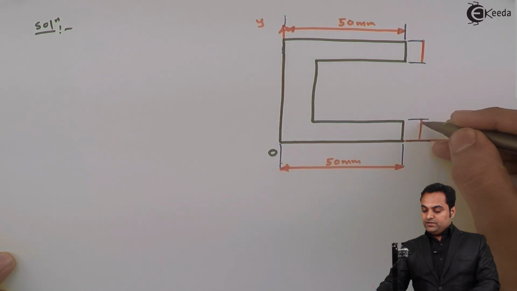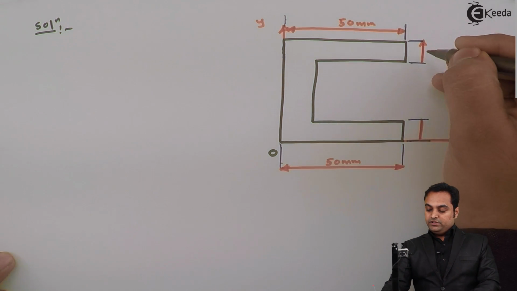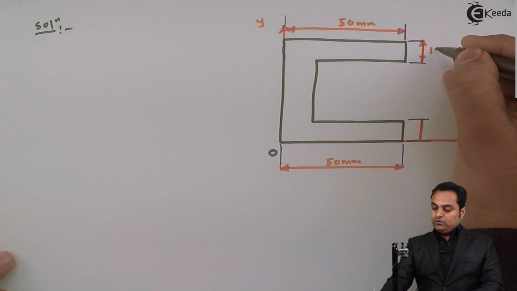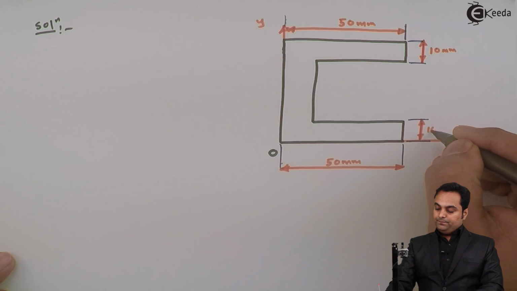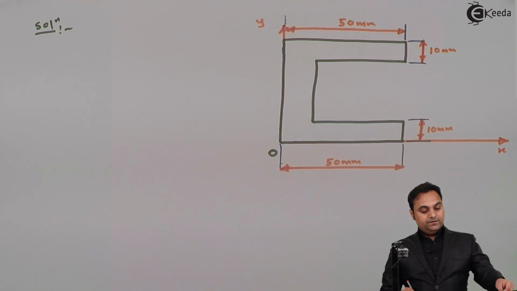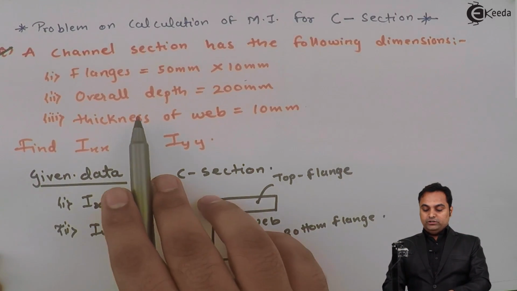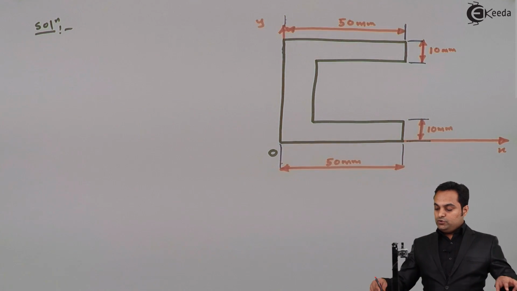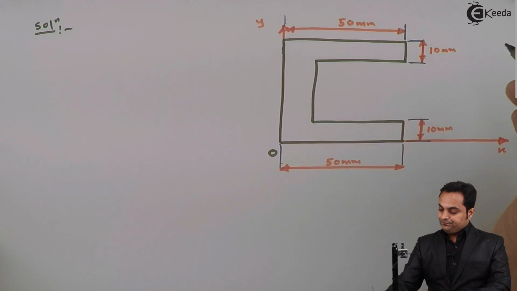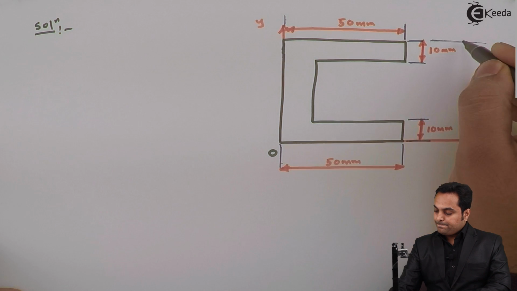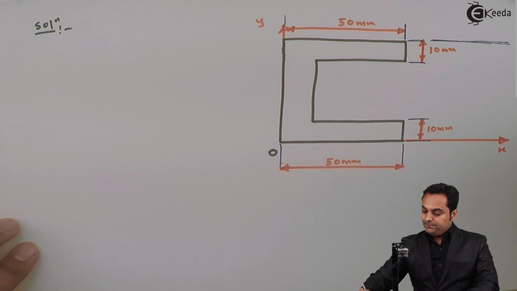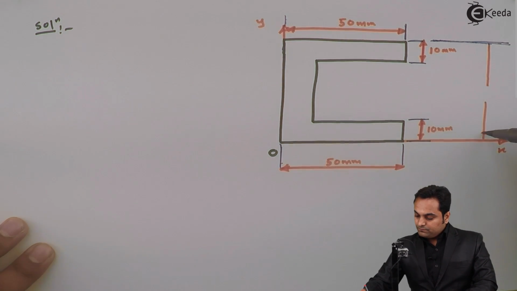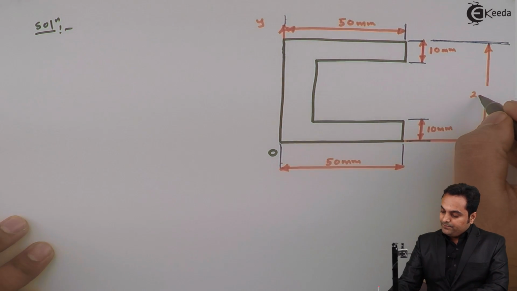Here I am calling it depth, not width. This is the depth of 10 mm at top and at bottom. Then the overall depth is 200 mm. So in this case, the overall depth has been given. It is 200 mm.